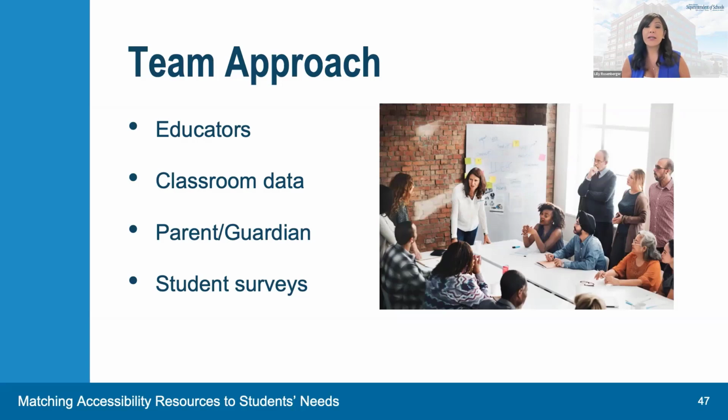Parents or guardians can contribute information about their students' needs and about strategies that they found helpful at home to meet those needs. This information may help the team make appropriate choices of particular accessibility resources for the benefit of the student.